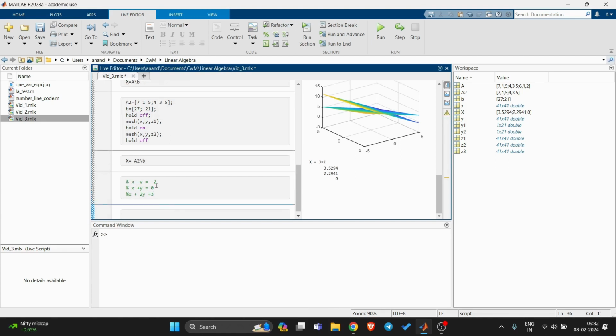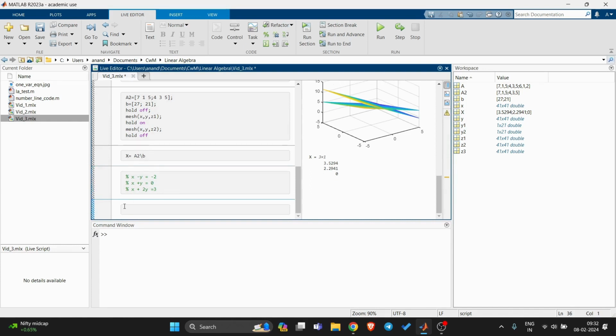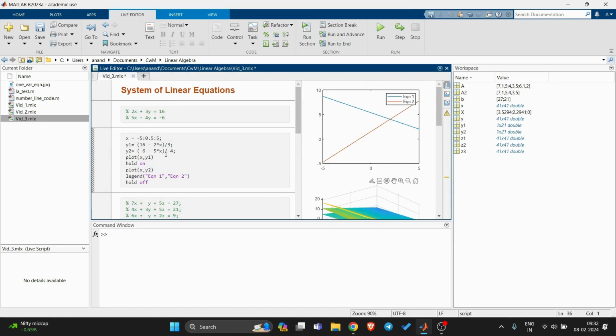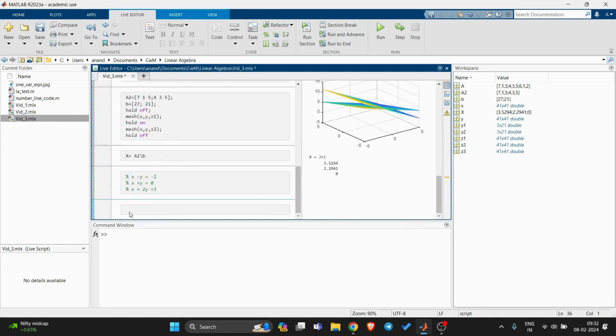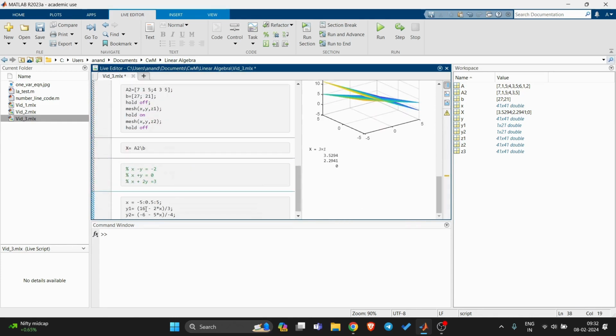And let's plot these equations on a graph. So let me first define my x values and find solutions for y in these equations. So for the first equation, y is equal to minus 2 minus x divided by 1 minus 1.